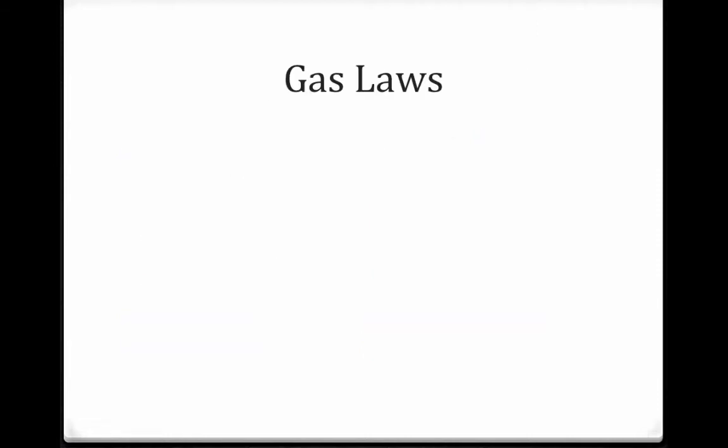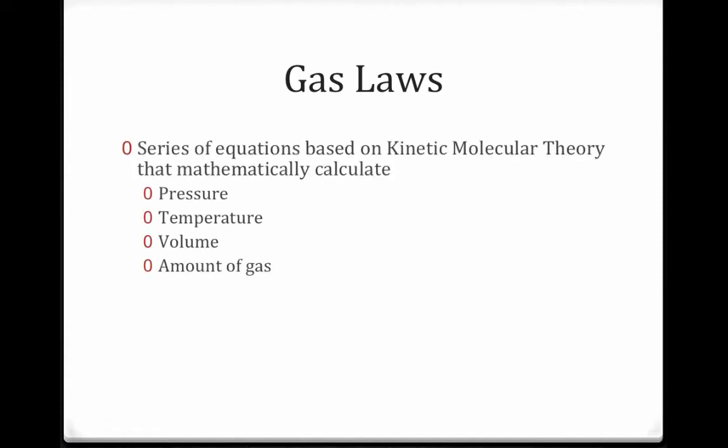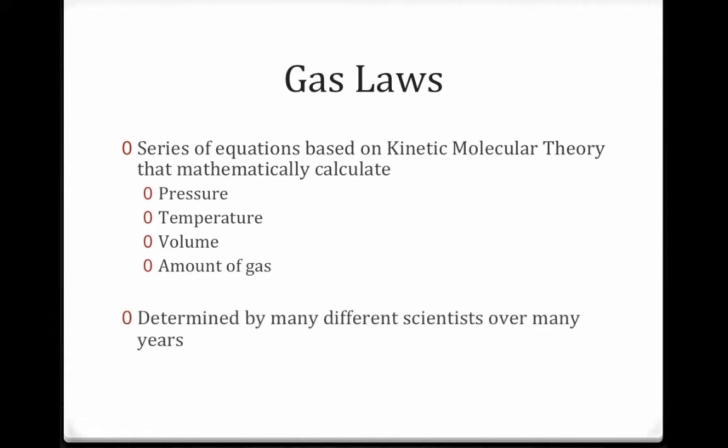Before we begin, we're going to start with a discussion of what gas laws are in general, so we have some formal definitions down. Basically, they are a series of equations based on kinetic molecular theory that allow us to mathematically calculate the pressure, temperature, volume, and amount of gas present in an ideal gas sample. These equations were determined by many different scientists over many years, and we're going to try and go over as many as we can relatively quickly.